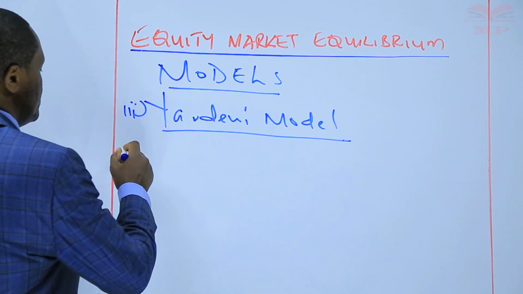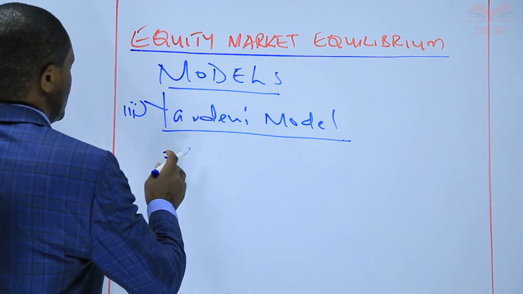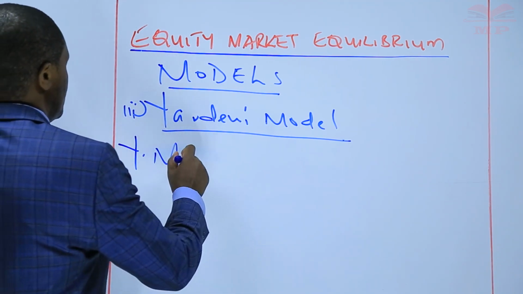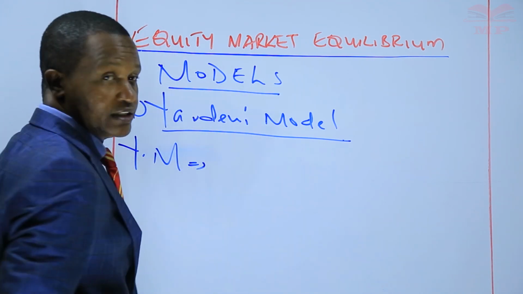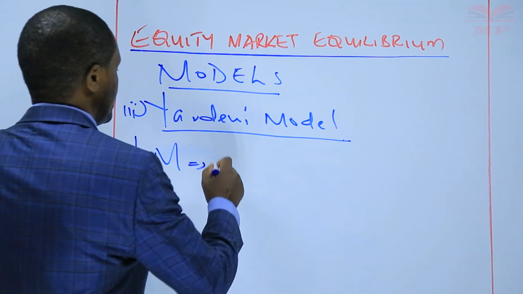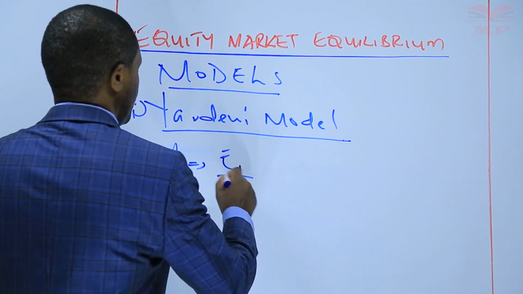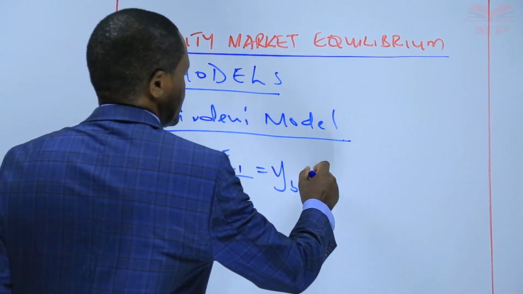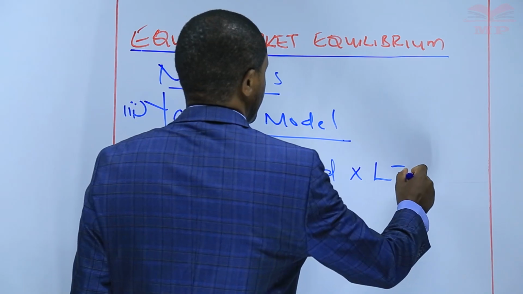The Yardeni model can be summarized in the following equation: E1 over P naught is equal to YB minus D times LTEG.